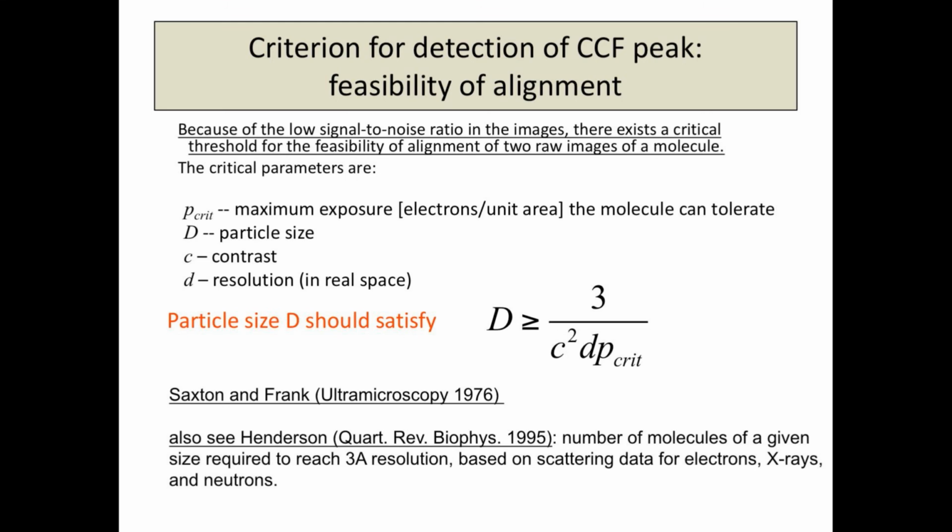So we have to minimize the dose in a certain way, and then we're aiming for a certain resolution, and we have a certain contrast. That means that the particle has to have a minimum size in order to make the cross-correlation peak detectable. And that was the formula that we wound up with. So here's the particle diameter, the contrast, the resolution we're aiming for, and the critical dose.